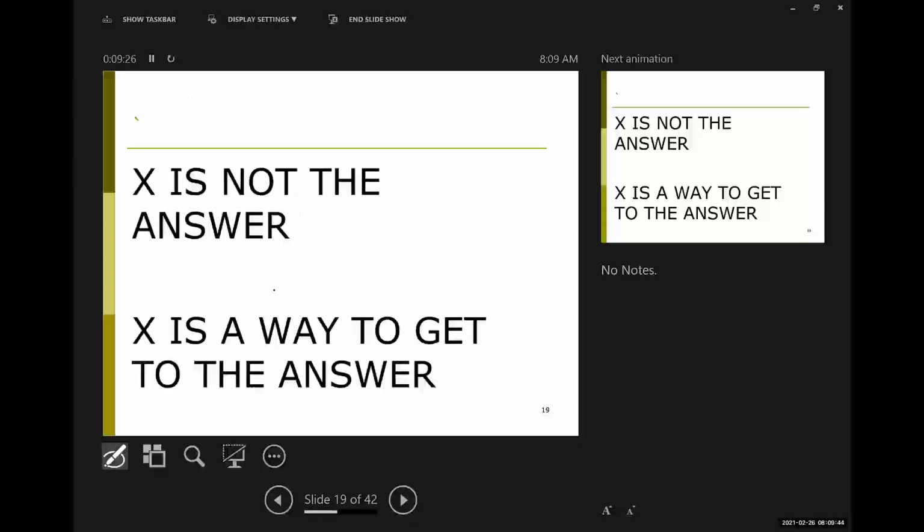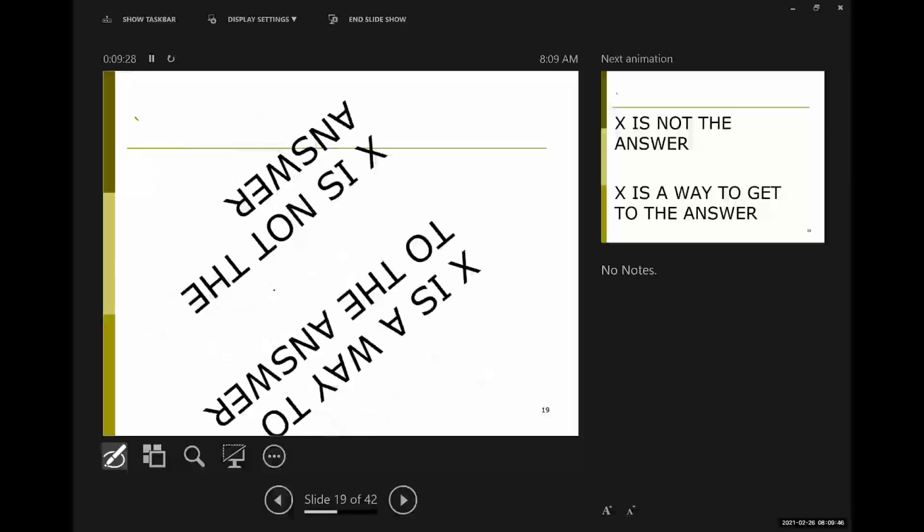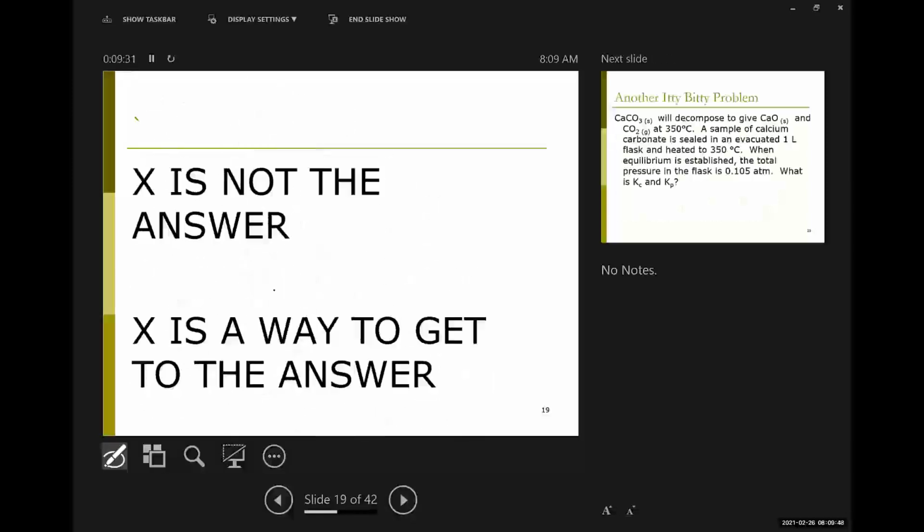And so in my usual fashion, in spinning large letters, you always want to go the extra step, because there's no reason why X itself has to be the answer. All of my energy was dedicated to finding X, but that was just because X made the ICE chart complete. X itself was not what I was looking for.